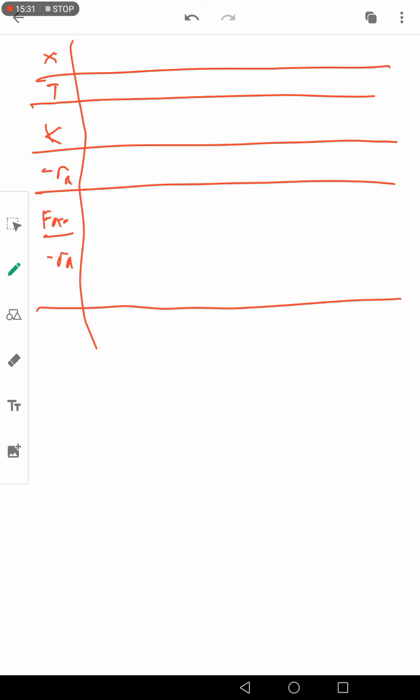So sebab tadi you dah dapat T equals to 298 minus 200X kan. So X ni you boleh kira dari kosong.